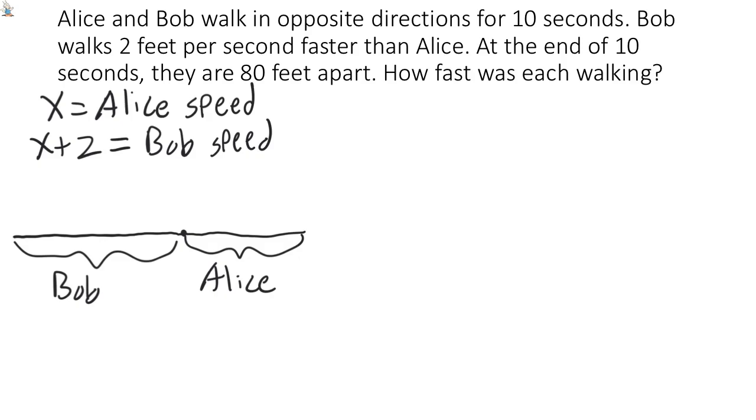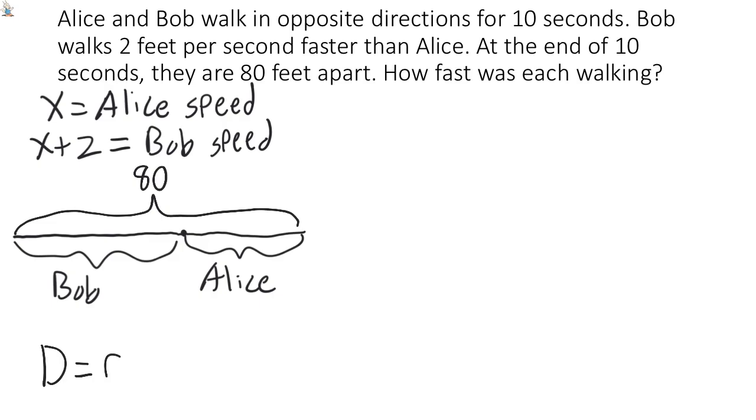We also know that the total distance between them when they were done walking is 80 feet, and so after they were done walking, the entire distance here is 80. So if we could come up with an expression for Bob's distance and Alice's distance, we can relate it to the 80 up here. Well, that's where the distance formula is going to come in.